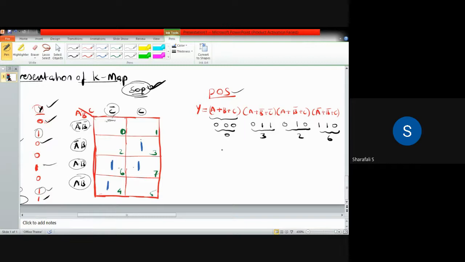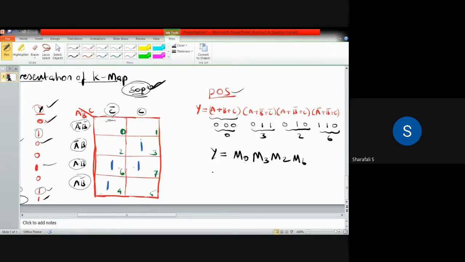So this time, Y will be equal to M0, the 0th max term, capital M, into. Previously we had plus, instead of that we have into here. So this is M0 multiplied with M3 multiplied with M2 multiplied with M6.